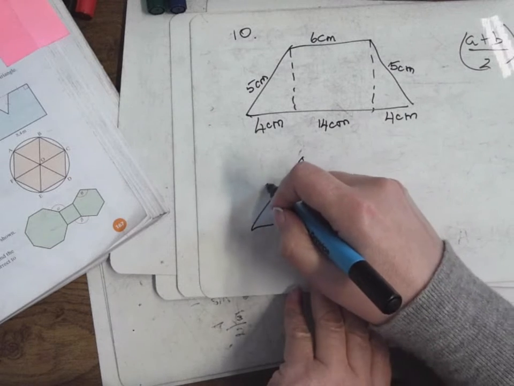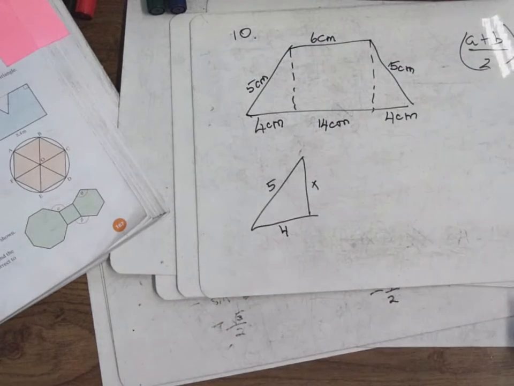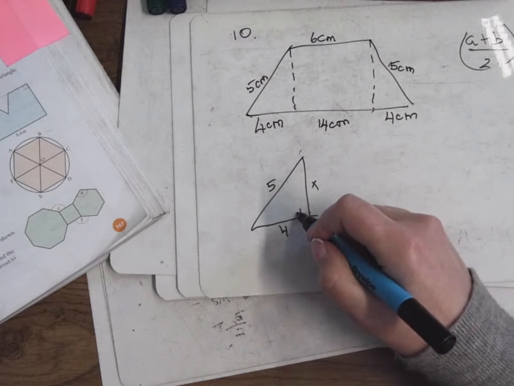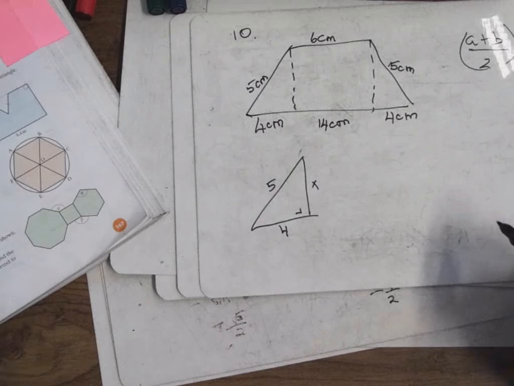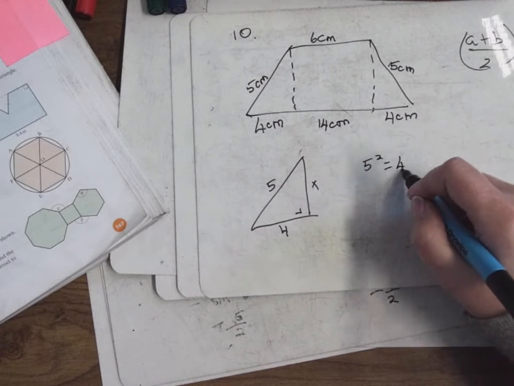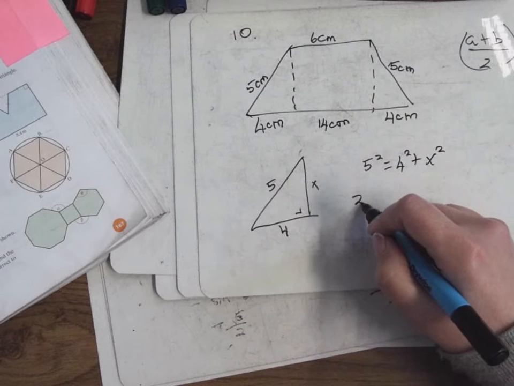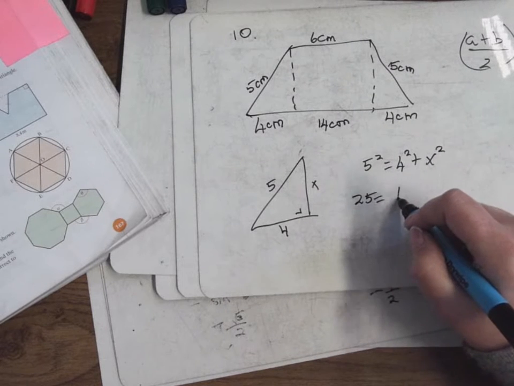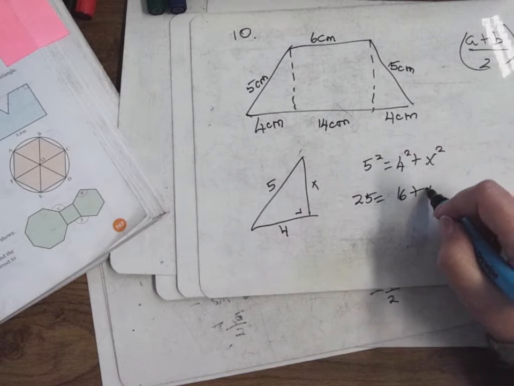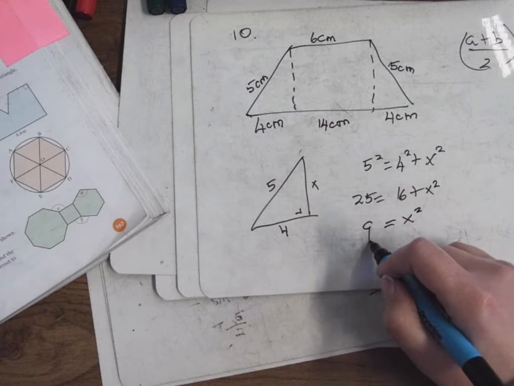Let's just take one of those triangles. This is 5, this is 4, this is the perpendicular height. I'll just call it x there for a minute. I need to find the perpendicular height. Anyone make a suggestion? Pythagoras' theorem. So 5 squared is equal to 4 squared plus x squared. So that's 25 equals 16 plus x squared. So x squared is 9, so that means x is 3.